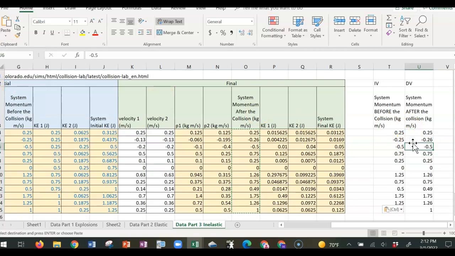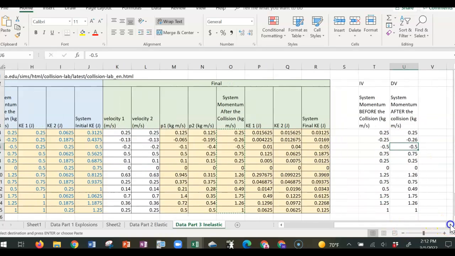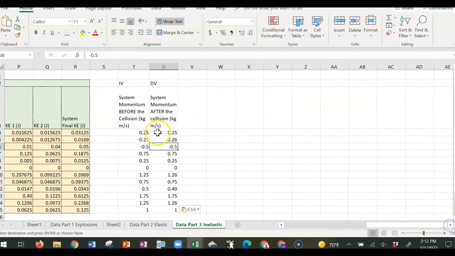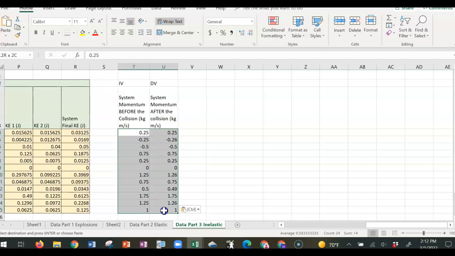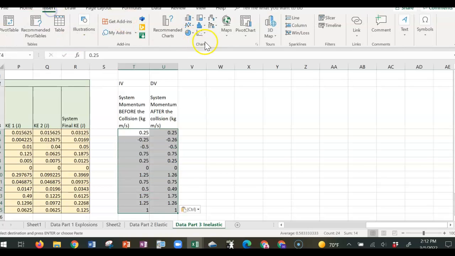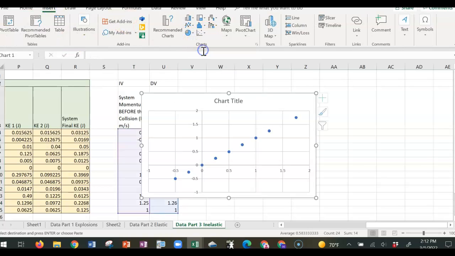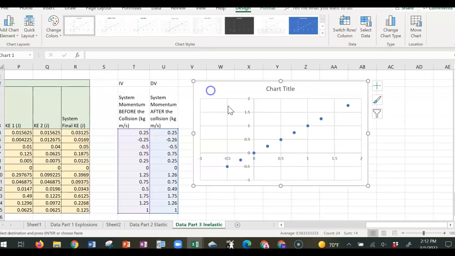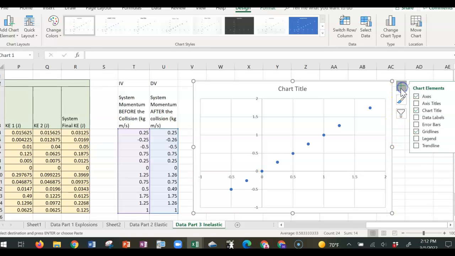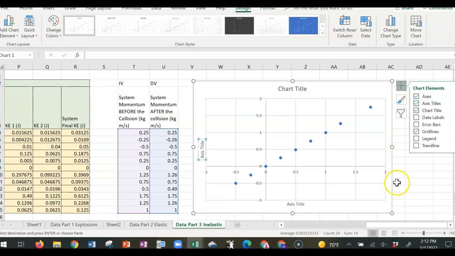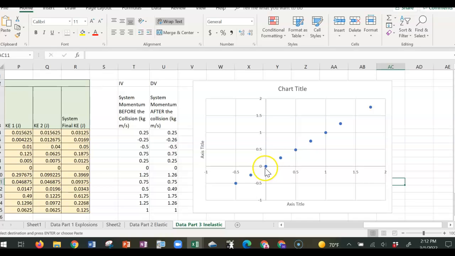Okay, so let's get this graph. I'm going to just do a scatter plot here. I'll insert my scatter plot, and it looks good. I can see that it's nice and linear. Because my origin is in the middle of the graph, the labels on my Y and X axis are kind of interfering with me reading the graph.